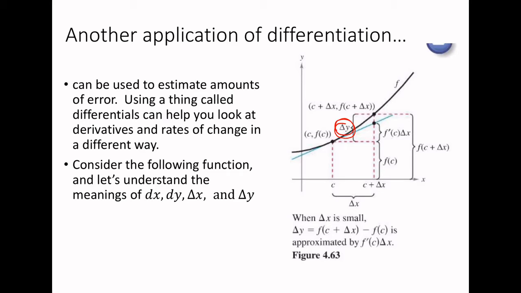Okay, now what is dy? dy isn't clearly illustrated on this picture right now, but what dy is going to be is this distance. And we'll get into how the derivative is going to come into play here. But this distance is going to be dy.